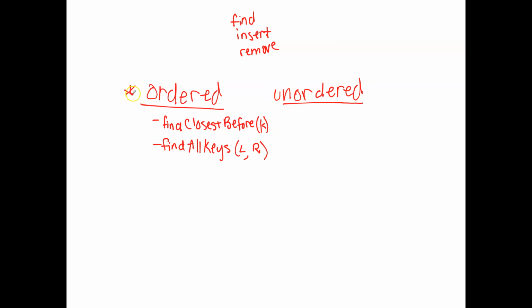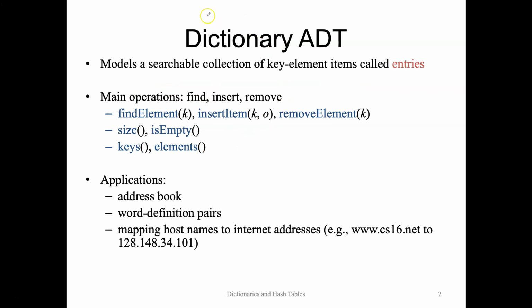So an ordered dictionary will support some other key-based operations, which assumes that there is some order to keys, whereas an unordered dictionary is useful if our keys have no order defined on them, so these operations can't be implemented, or maybe they do have an order to them, but we don't care about what the order of keys is, or at least we maintain no guarantee that our data structure will maintain any sort of order to keys.